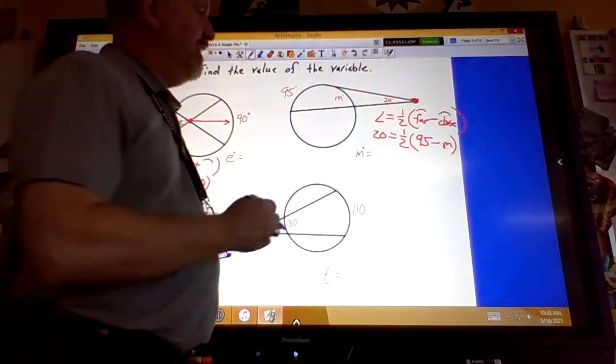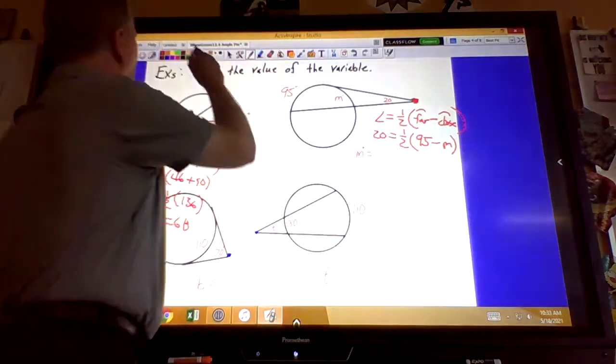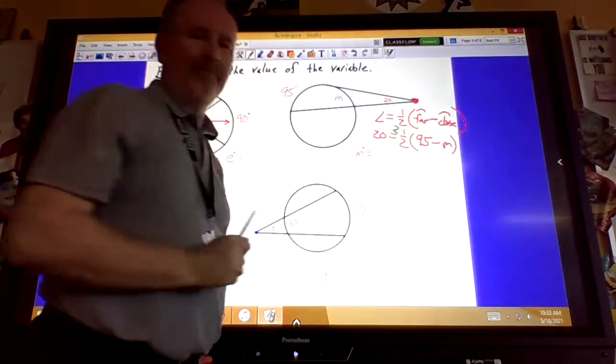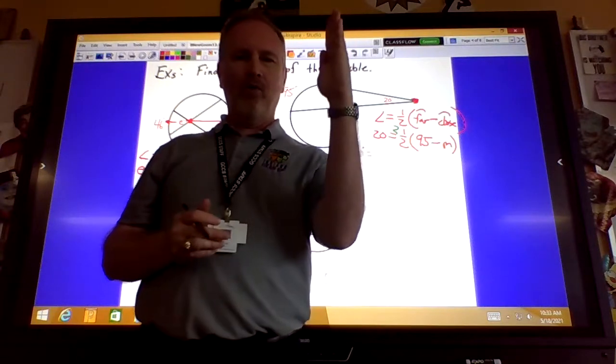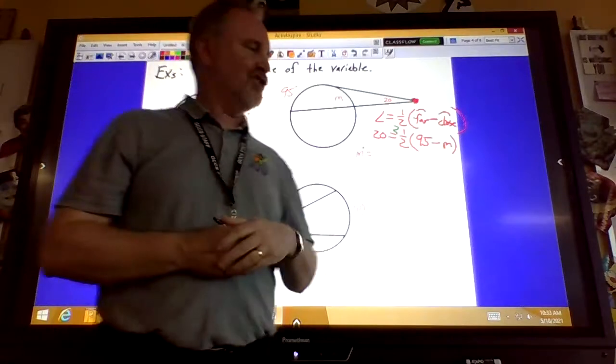And there is. Whenever you're multiplying something by a half, you could get rid of that half simply by multiplying by 2, right? If you multiply a half by 2, 2 halves, of course, makes a whole, or 1. And you notice when you multiply something by 1, it doesn't change it.